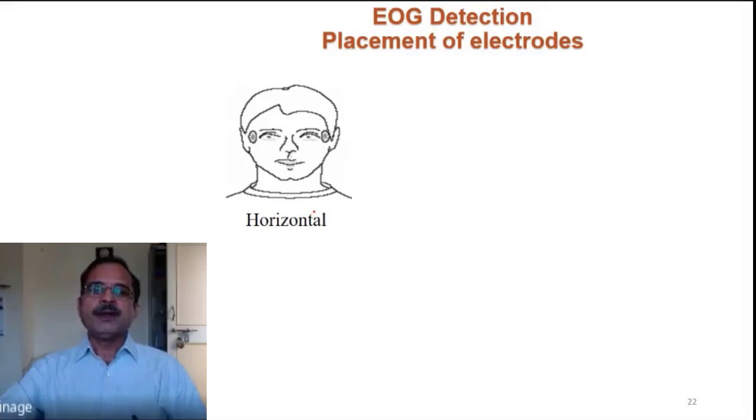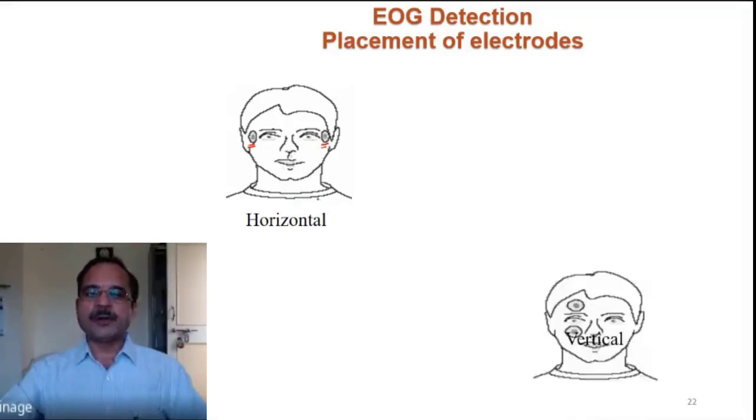Now this figure shows the placement of the electrodes. One electrode is placed on the right side and one on the left side, on the sides of both eyes. This type of positioning helps in sensing horizontal movement.